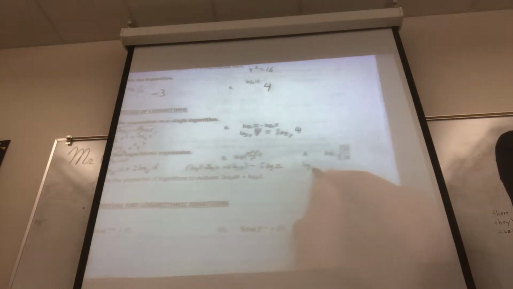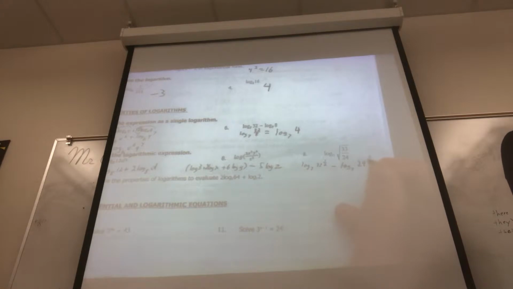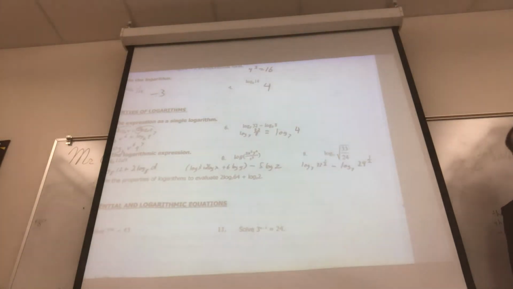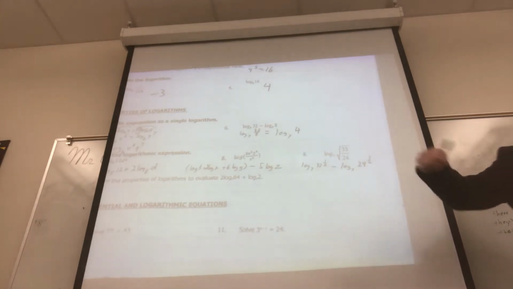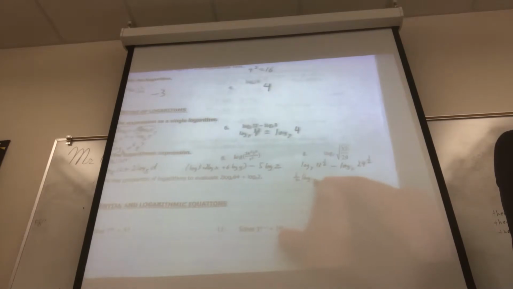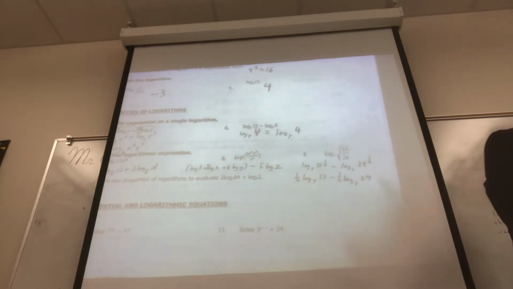This is the log base 7 of 33 to the 1/2 power minus the log base 7 of 24 to the 1/2 power. Now that's not how it looked on our quiz because they did not leave it to the 1/2 power. They took those exponents and made them into coefficients. So it was 1/2 log base 7 of 33 minus 1/2 log base 7 of 24.